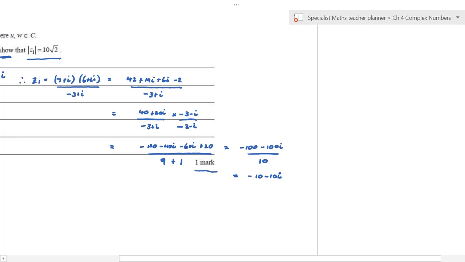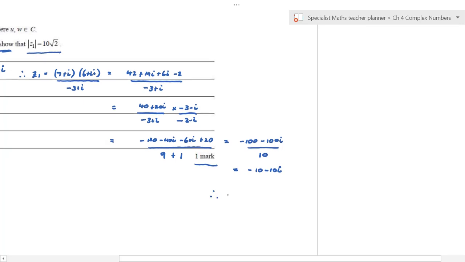So therefore, the magnitude of z1 is equal to the square root of 10 squared plus 10 squared, which is equal to the square root of 200, which is equal to 10 root 2, as required.